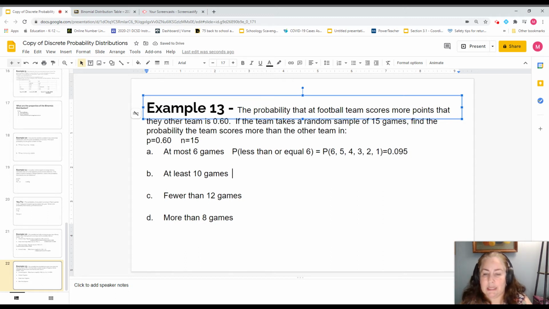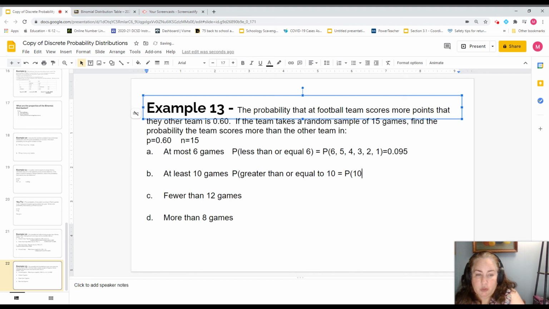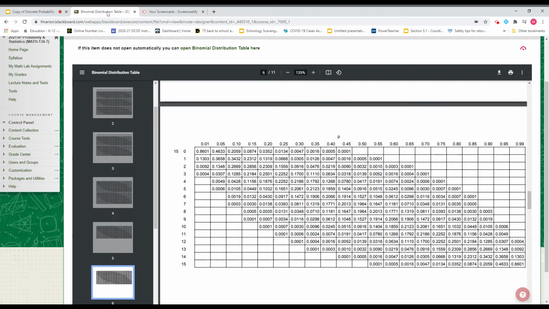Right, at least 10 games means greater than or equal to 10. So what numbers does that include? That includes the numbers 10, 11, 12, 13, 14, and 15 because our N is 15. So still the same N, same P, and we're going to go 10 through 15. So 15, 0.6, and we're going to add up 10 through 15.